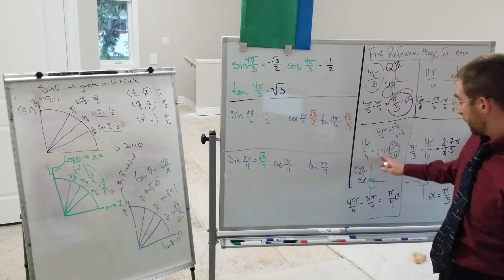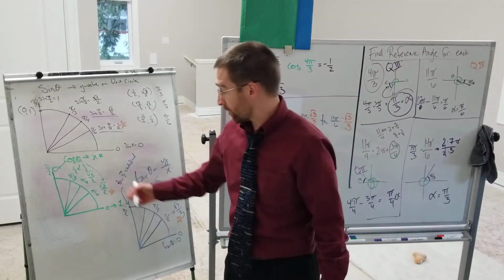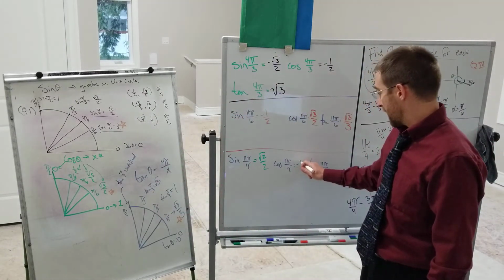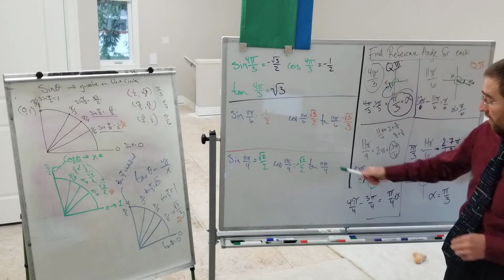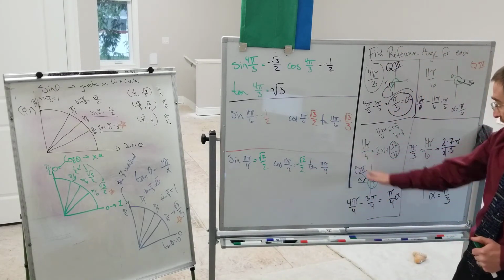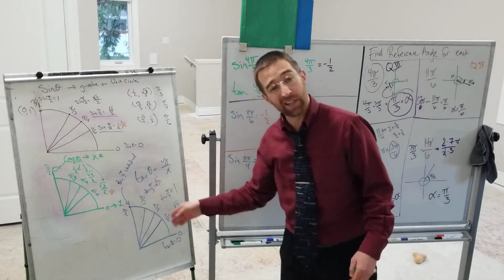Cosine of 11 pi over 4 is going to be negative, reference angle of pi over 4, root 2 over 2, so negative root 2 over 2. And tangent of 11 pi over 4 is going to be the negative of the reference angle's value: at pi over 4 it's 1, now it's going to be negative 1.